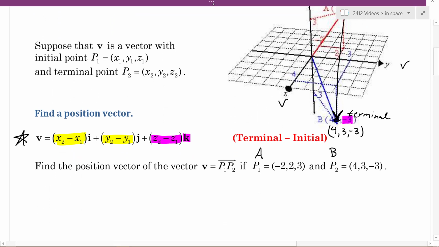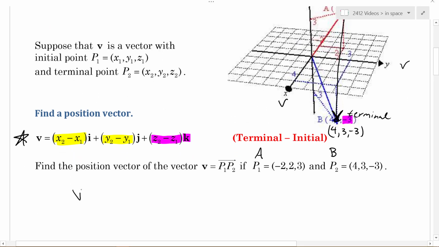Okay, so let's do it with these 2 points. We want to come up with that position vector, or the component form of the vector. So we'll have our i, j, and k. Just going to do a little bit of labeling here.